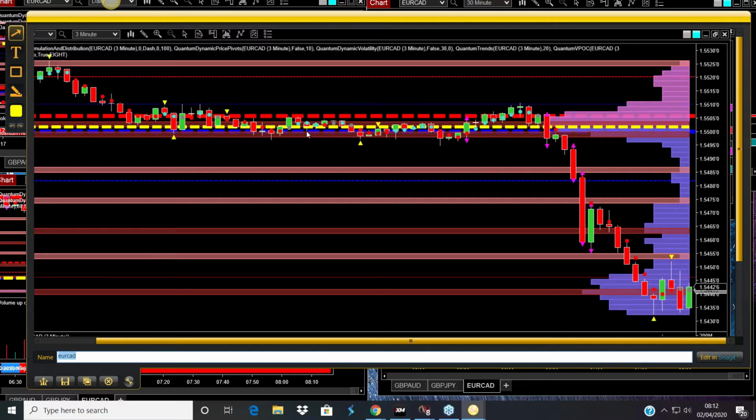And we can see here, this is the volume point of control. The volume point of control has a little bit of what we call market profile in it. And this area, when a market is in this sort of congestion phase, is also sometimes known as a value area, which is basically where the market is in balance, in the sense that there's no clear direction, because buying and selling is going on.